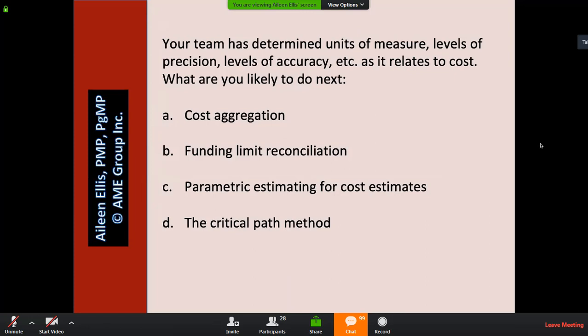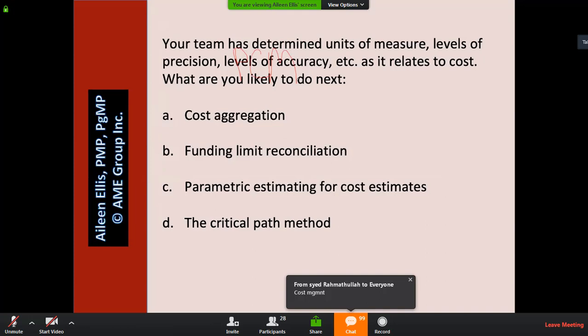Okay, and so you can see less people are answering the question. When you look at the question, what process have we just completed in the question? So we've just completed plan cost management. Does everyone agree with that?